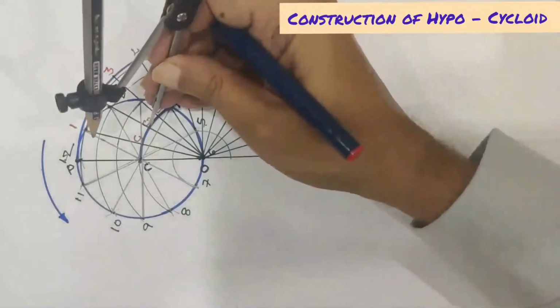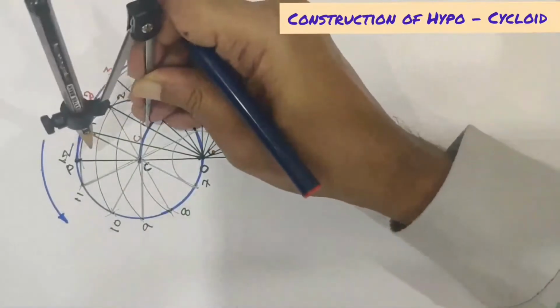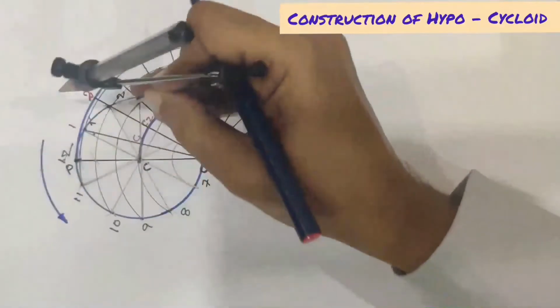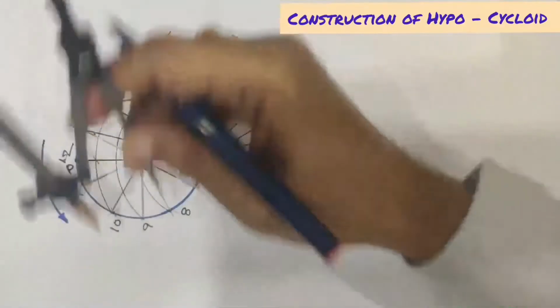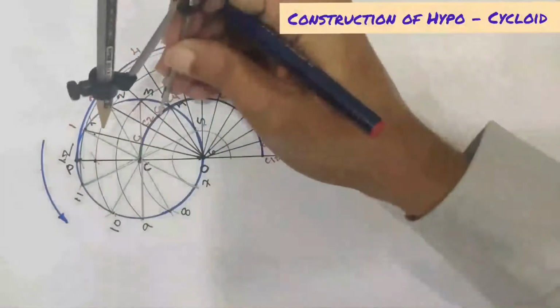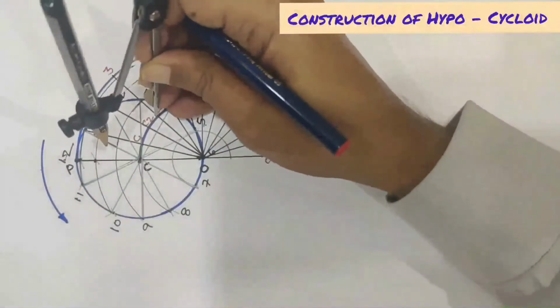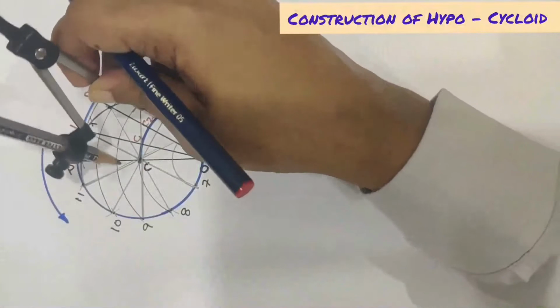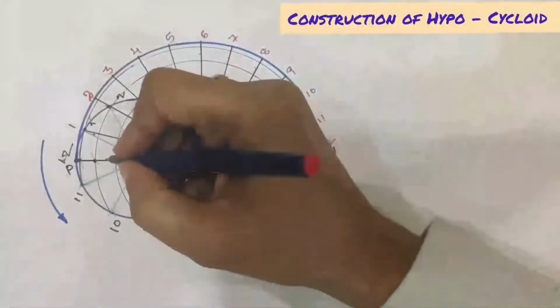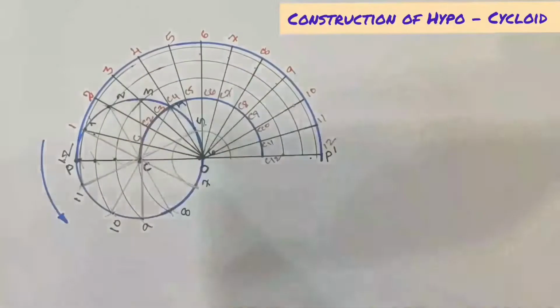Similarly, C2 as center, CP as radius, draw an arc on the second division arc. This is a second division arc passing through the rolling circle. So we are getting arc here. Then C3 as center, CP as radius, draw an arc on the third division arc passing through the rolling circle. We are getting point here.